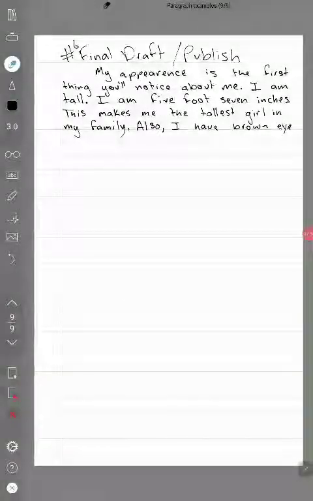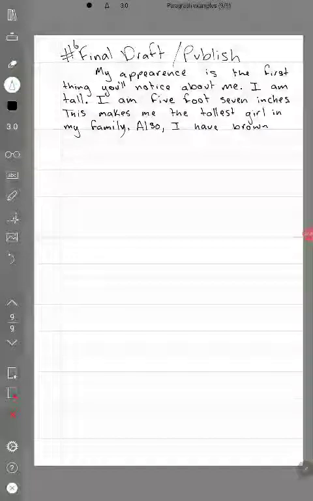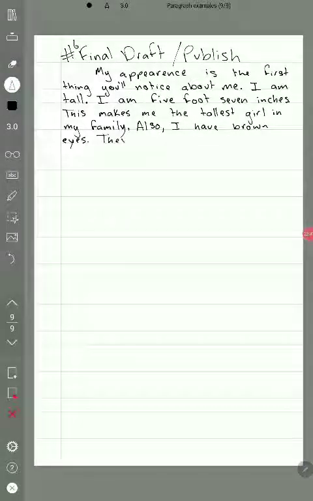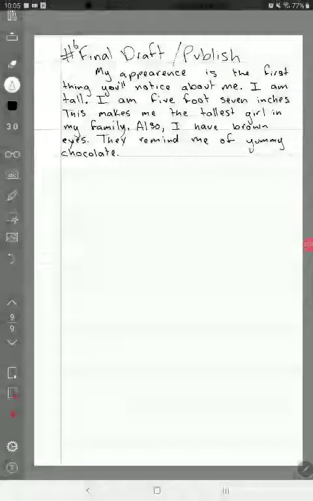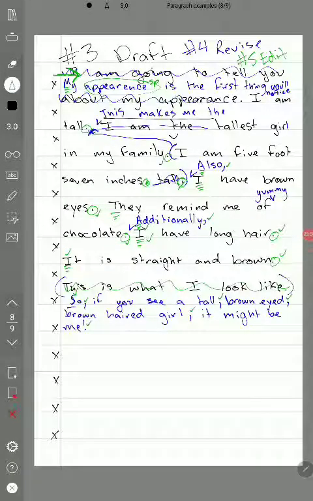Ooh, I didn't give myself enough space. I gotta erase and move it. They remind me of yummy. Next detail. Oops. My next detail. Additionally, I have long hair.